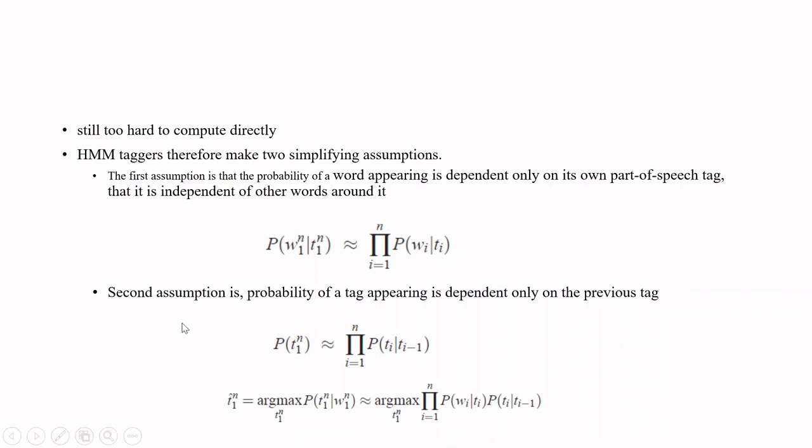Okay, next assumption is now calculation of probability of T1 raised to n. Okay, now how can you do that? It can also be estimated based on the assumption of the Markovian property. When we talked about Markovian property, it is like this: the state in which a system will be currently at this point in time will depend only on its previous state and not on anything before.